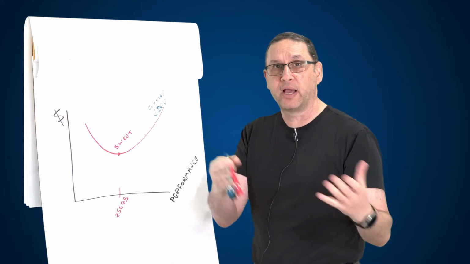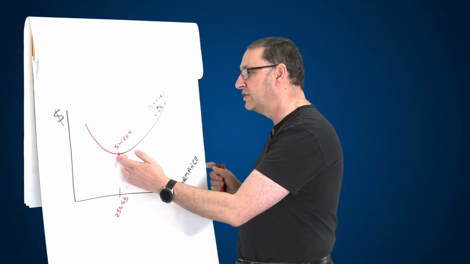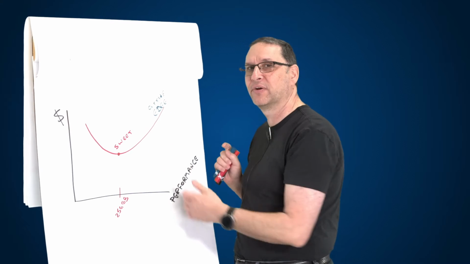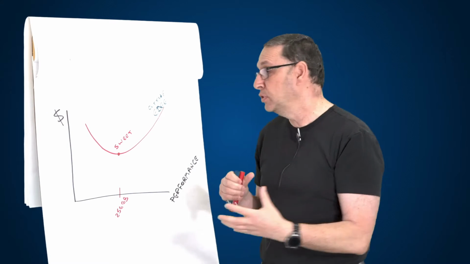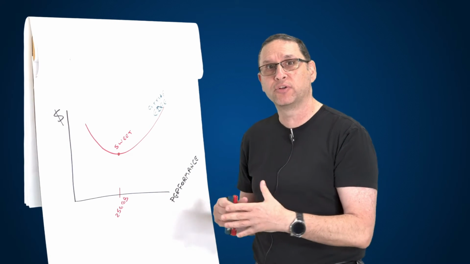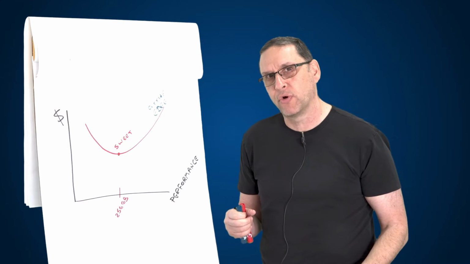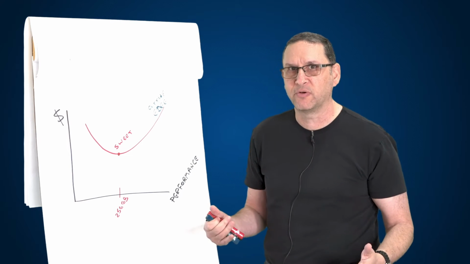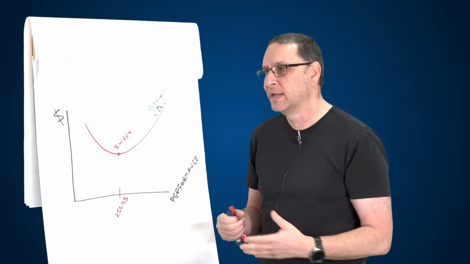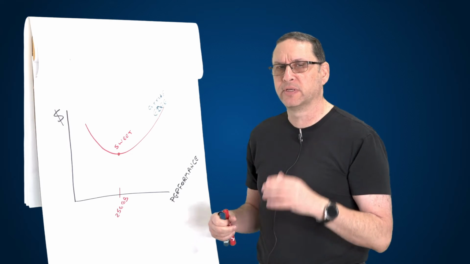So you're building 100 and all 100 work well. As you go higher, into newer, cutting edge technology, the yield starts going down. And now you can't make 100%, you can make 90%.